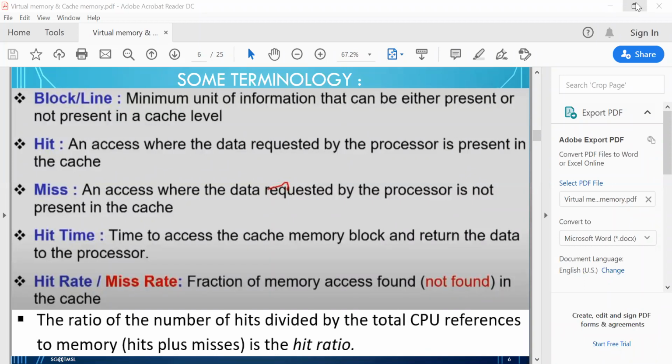So when the CPU refers to memory and finds the word in cache, it is said that a hit occurred.